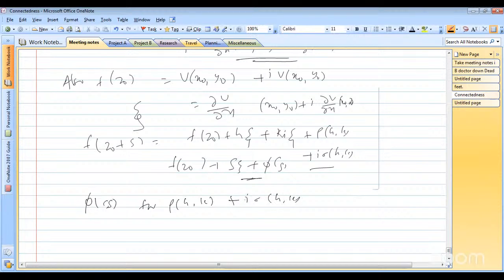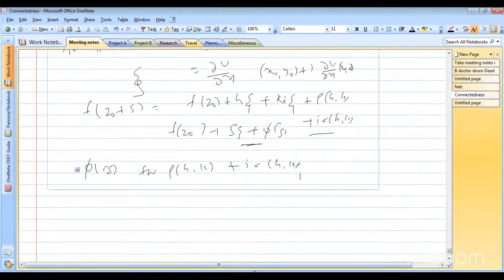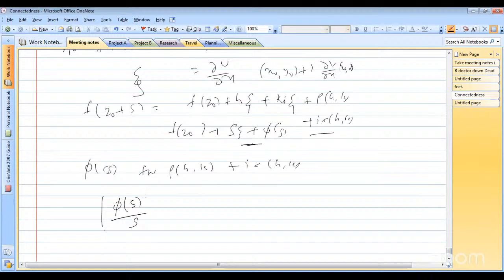Therefore, we are taking here pi(s) as rho(h, k) plus i times sigma(h, k) by s, which is less than or equal to rho(h, k) by s.